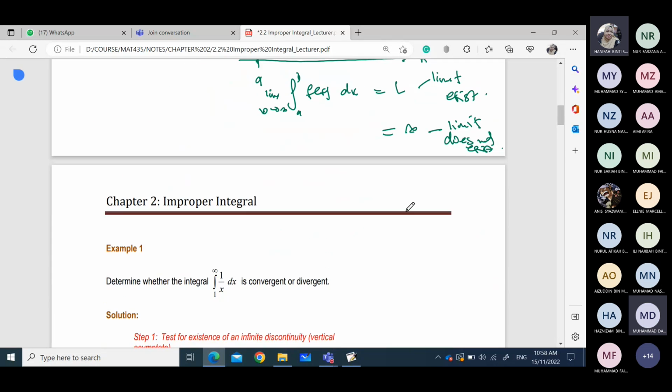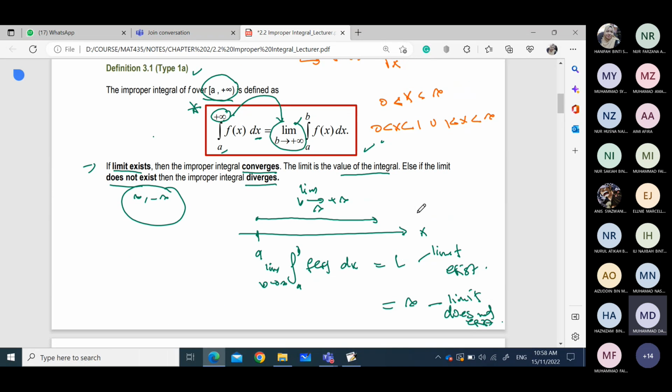Madam, for the limit b, do we determine it, or do we have to solve to get the value of b? For this b, actually you can take any unknown, instead of b.